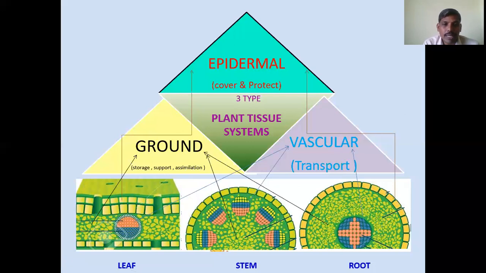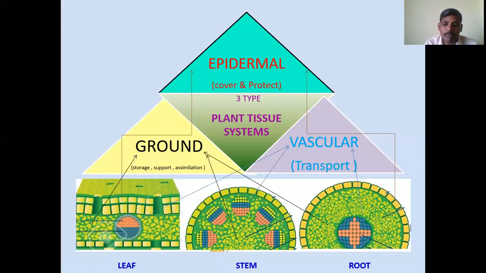This area, for example the cortex region, pith region, and below the epidermal layers present in the plant body, makes the ground tissue system. So these are the three tissue systems recognized and classified by Julius Sachs in angiosperm plants.